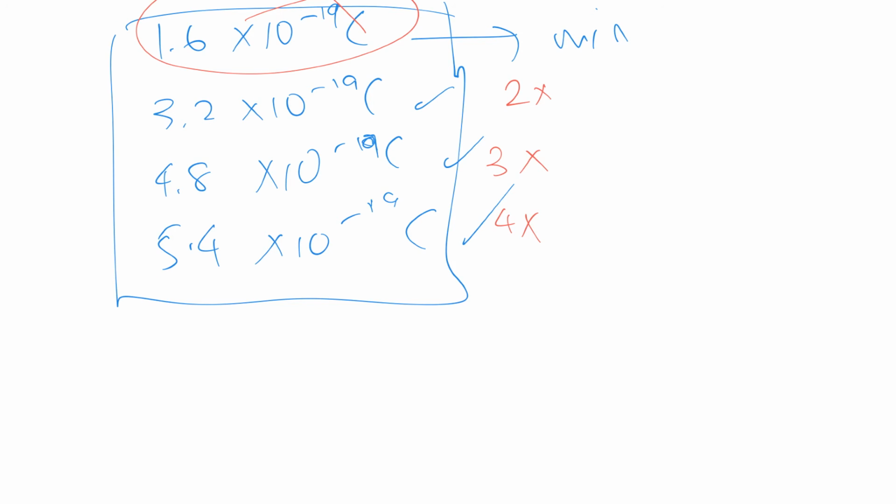So therefore he concluded that the minimum value for charge has to be 1.6 times 10 to the power negative 19 coulomb, or if they don't exist in this value, they will exist in whole number multiples of this value. So that is what he called quantization of charge. So quantization of charge means charge exists as one value of this, or it must be whole number multiples of this value. Do you understand that?